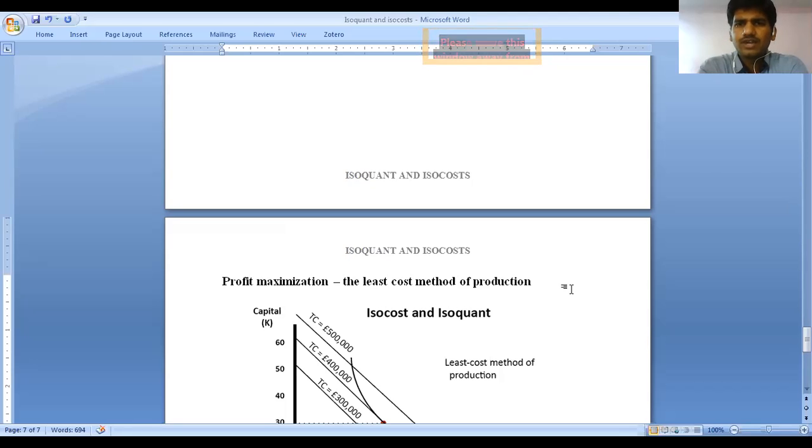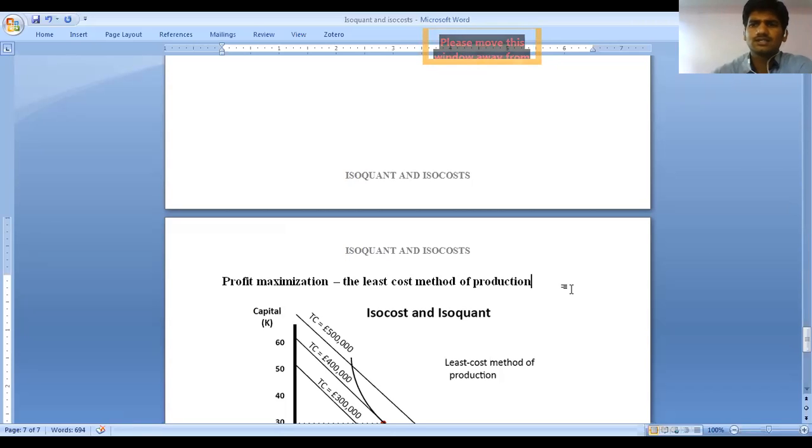So once we are varying the labors, once we are varying the capitals, every time we are saying that, at the end of the day, every organization or firm or industry looks to see the maximum profit. So with the minimum input they are going to get the maximum output.